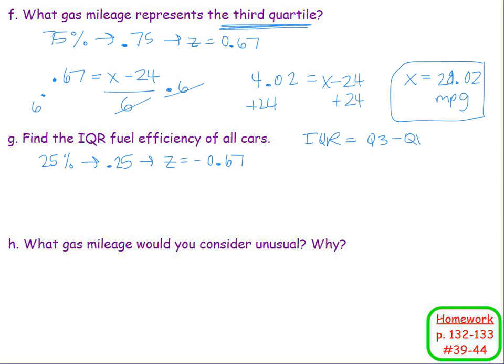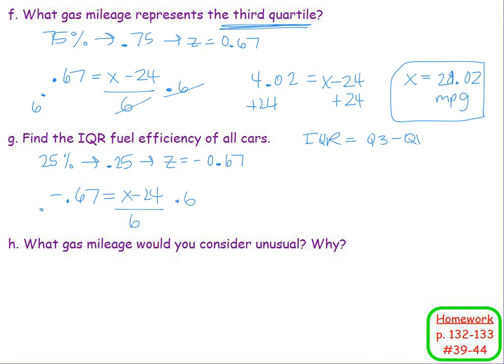Do you notice something? Hopefully you're thinking they're the same, but one's positive and one's negative. That's because 75 and 25 are mirror images of each other. So now you have some shortcuts. Third quartile, 0.67. First quartile, negative 0.67. So let's do the working backwards part. Negative 0.67 equals x minus 24 divided by 6.